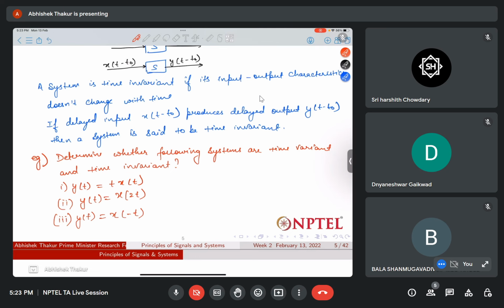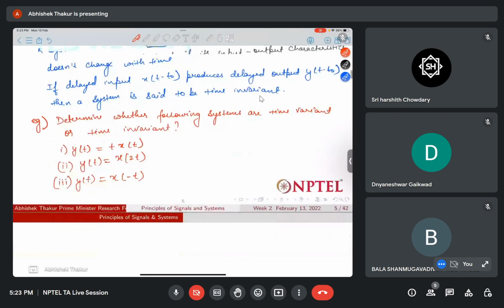Now we have to check whether the following systems are time variant or time invariant. How will we check? We will give a delayed input, that is, instead of t we will substitute t minus t naught, and we will check if the output is also delayed by the same unit, then it is time invariant system.